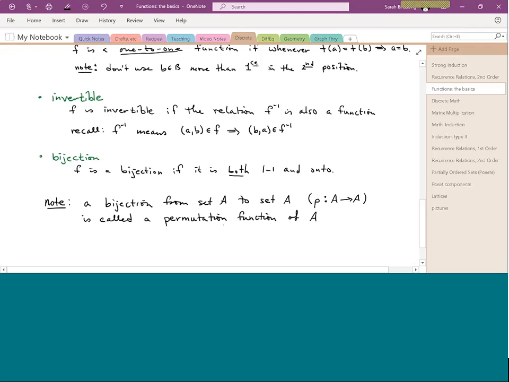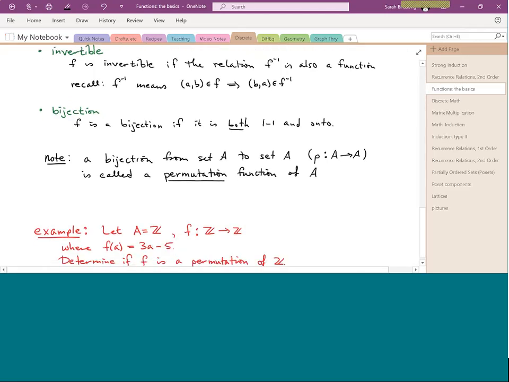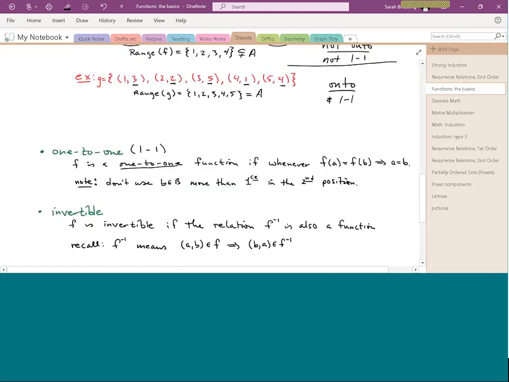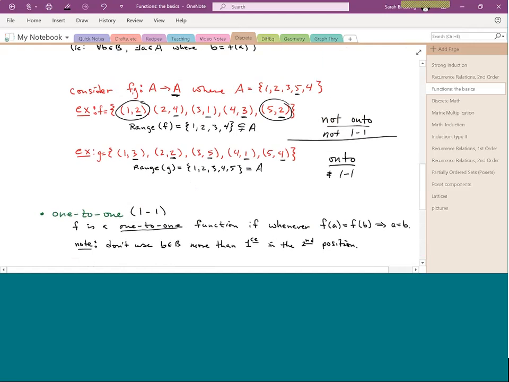The definition here is permutation. So one of the big things that we're going to be looking at in this Chapter 5 section, which is where we're currently living with functions in your textbook, is these permutation functions. Permutation functions have to be both one-to-one and onto, and your two building sets are A. Please notice if you go back to the examples that we had before, our example here, g, was on the same building set A. That was the integers 1 through 5.